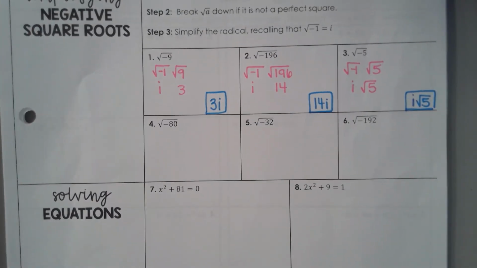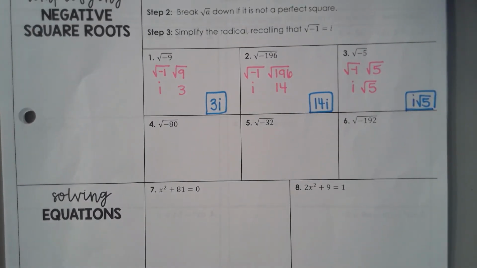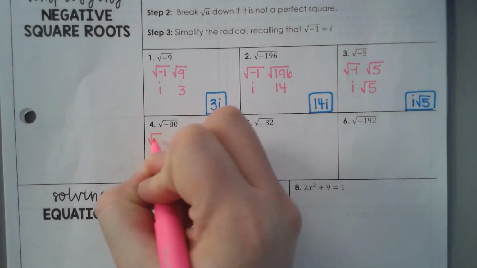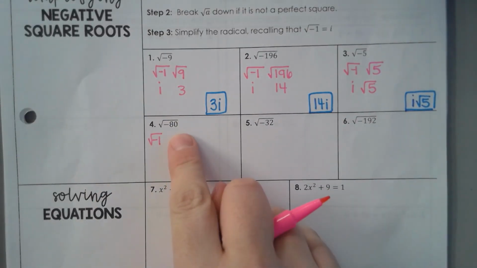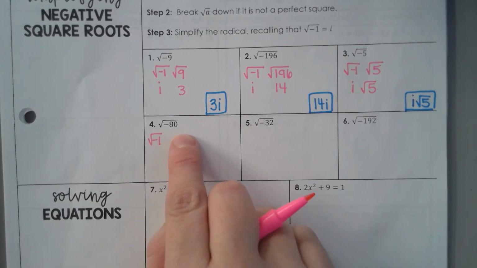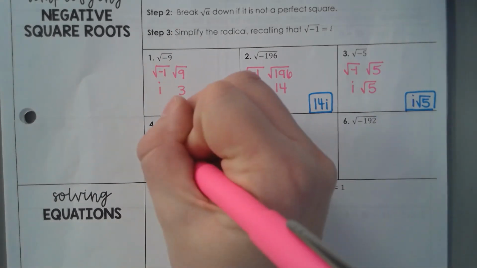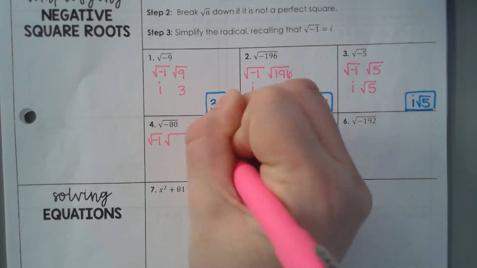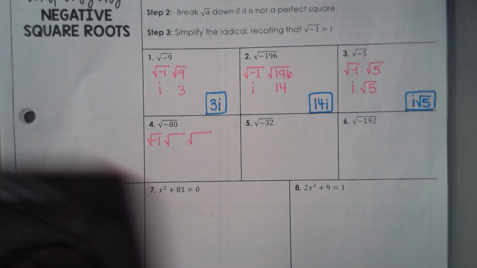Let's go on to the square root of -80. I'm going to get my -1. Is 80 a perfect square? Nope. Can you divide 80 by any of the perfect squares? Yes, you can. So we're going to split that up.